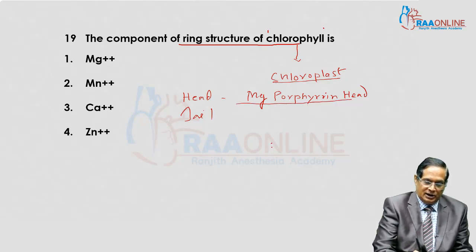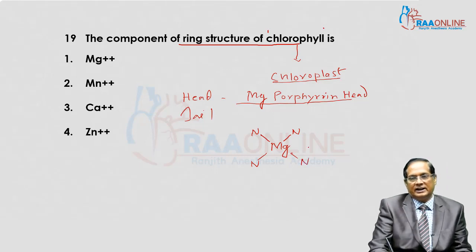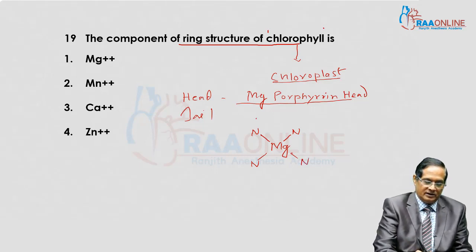Magnesium is kept in the center, and these are the 4 pyrroles. The nitrogen of each pyrrole is connected with the magnesium.